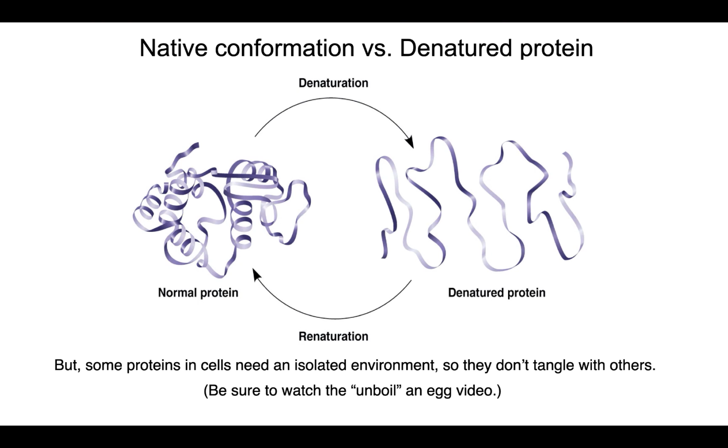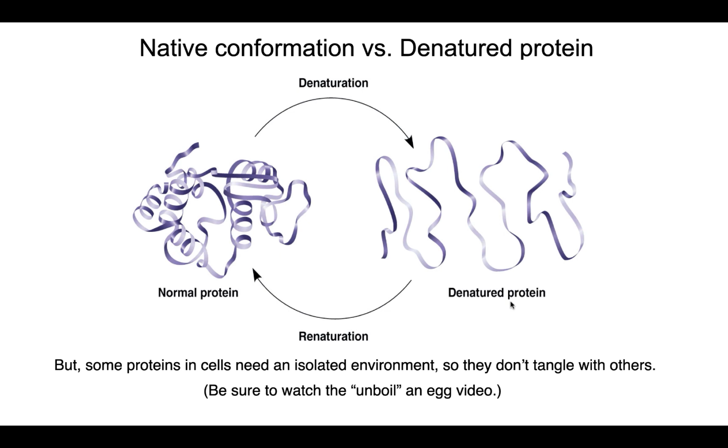So let's make some definitions here. If that protein is in its functional state, we know it's in its native conformation, the structure that allows it to carry on its normal function. And if you do something to denature it, and if you stray away from its optimal conditions, it will unfold and become denatured.